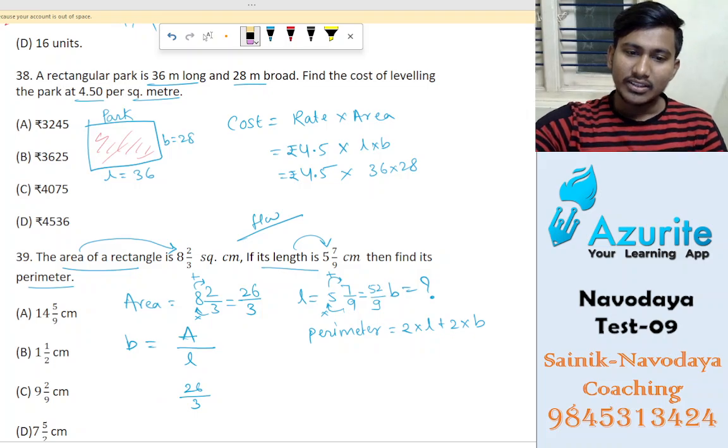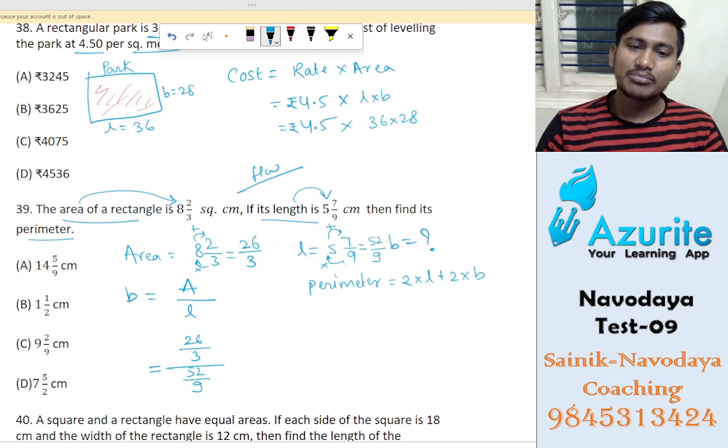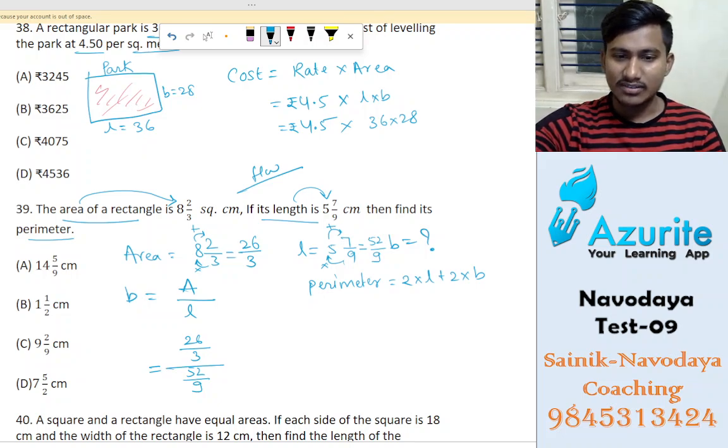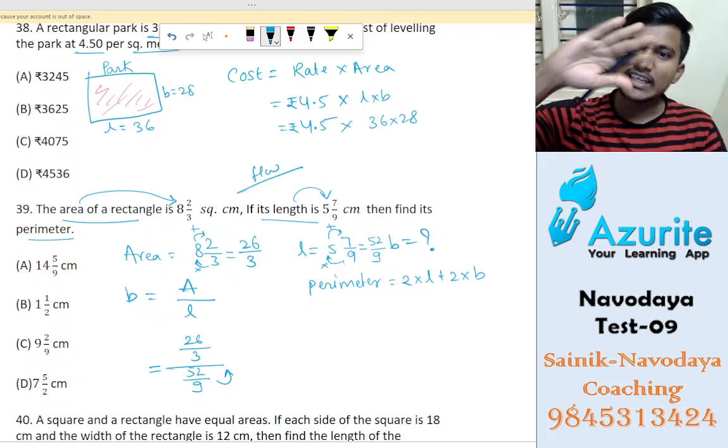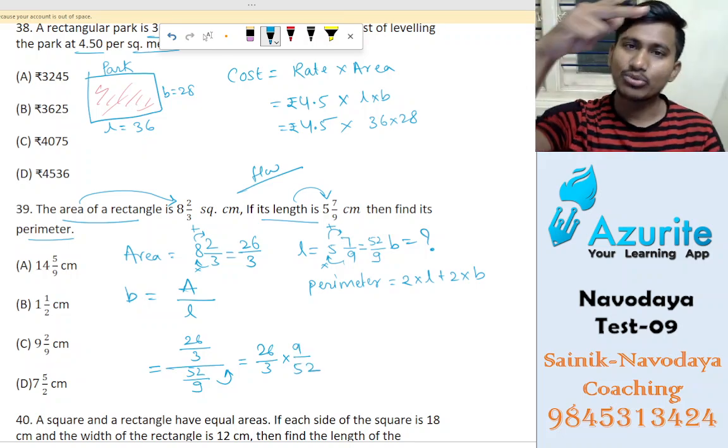So that is whole divided by 52 divided by 9. Okay, Sir, we will do reciprocal. We will do reciprocal and multiply. The denominator we have to take up and multiply. Yes, it will become 26 by 3 into 9 by 52.